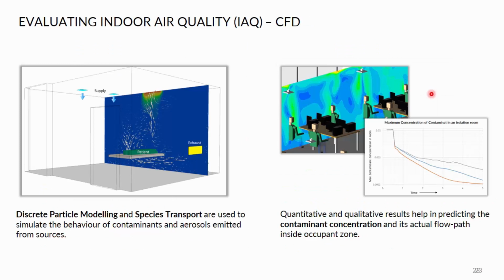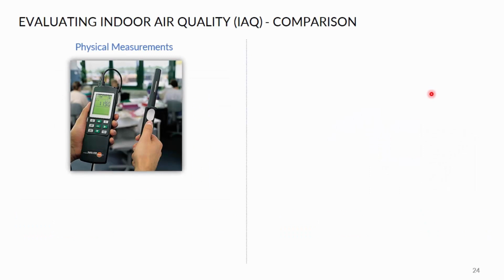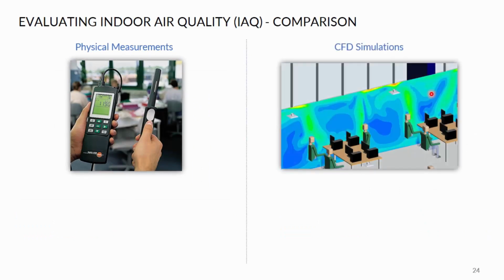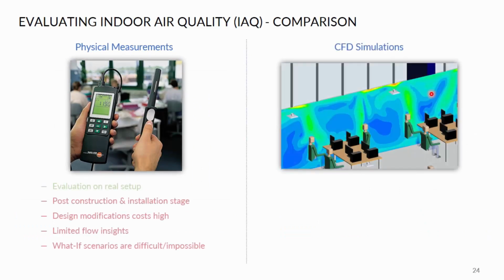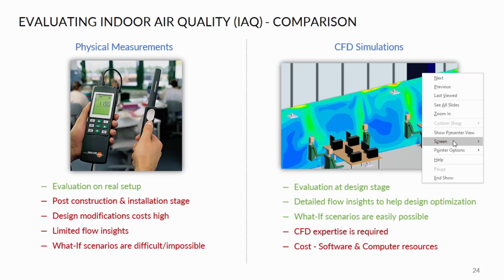In comparison with CFD, physical measurement techniques enable us to evaluate things on the real setup, and this is only possible after construction and installation of the system. On the contrary, CFD can be done at the design stage itself.